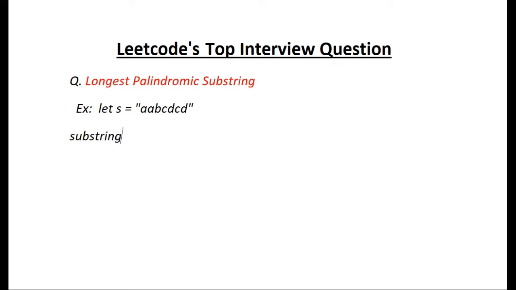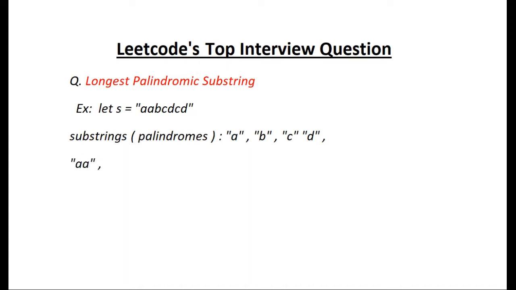So which substrings are palindromes? All the individual letters are themselves palindromes, so it will be B, C, and D. Second, AA.